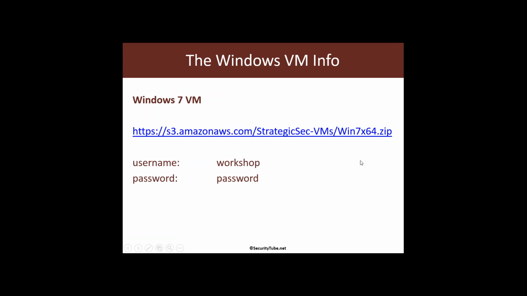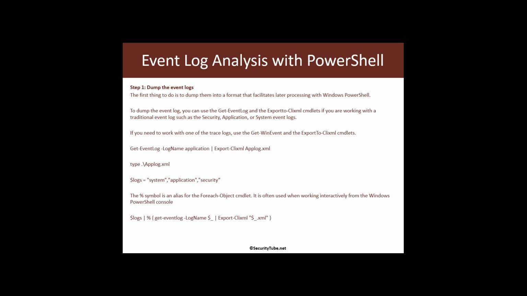Okay, so the really cool thing that you can do with your Windows event logs is you literally can dump them into XML. PowerShell natively manages XML. So you can say Get-EventLog and then say, okay, well, I want the event log to be the application log.